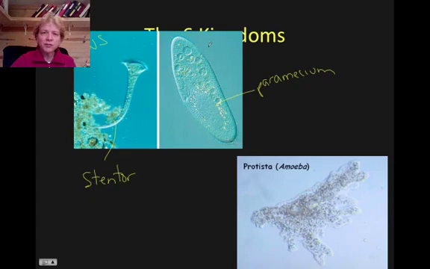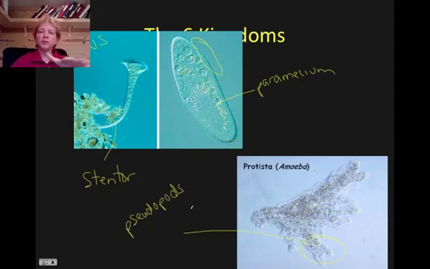Paramecium, you may not be able to see it very well, but it has tiny little cilia on its surface as well. The amoeba uses what's called cytoplasmic streaming, and it has these pseudopods, for false feet, and they actually move the cytoplasm through that, and it moves the entire amoeba through its environment. Very, very slow moving.